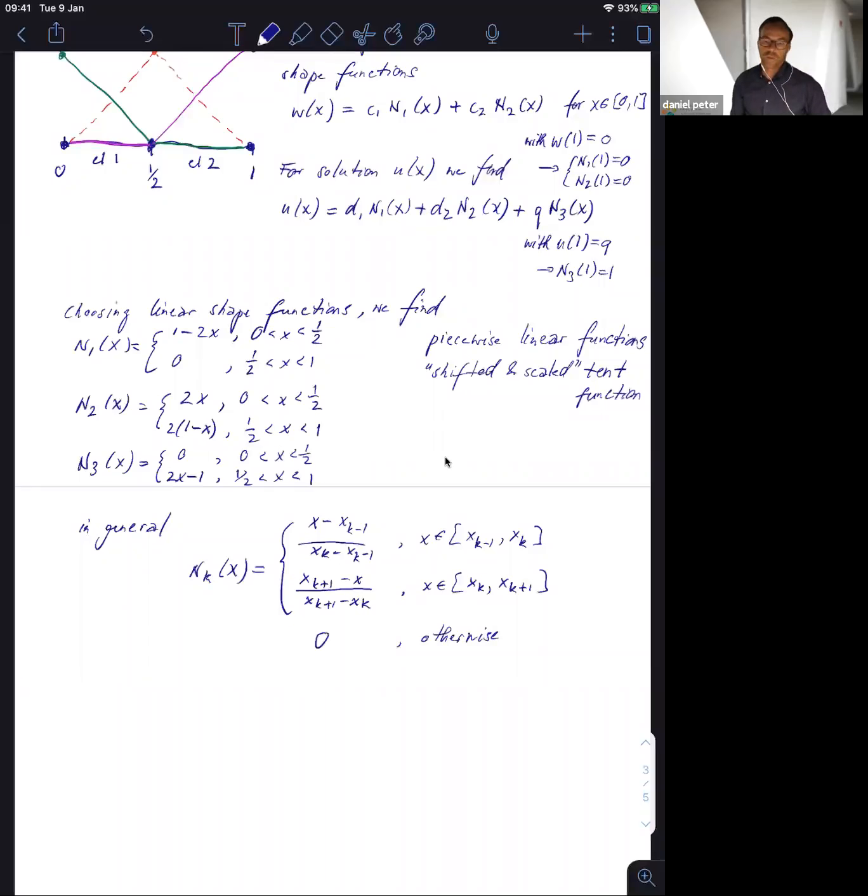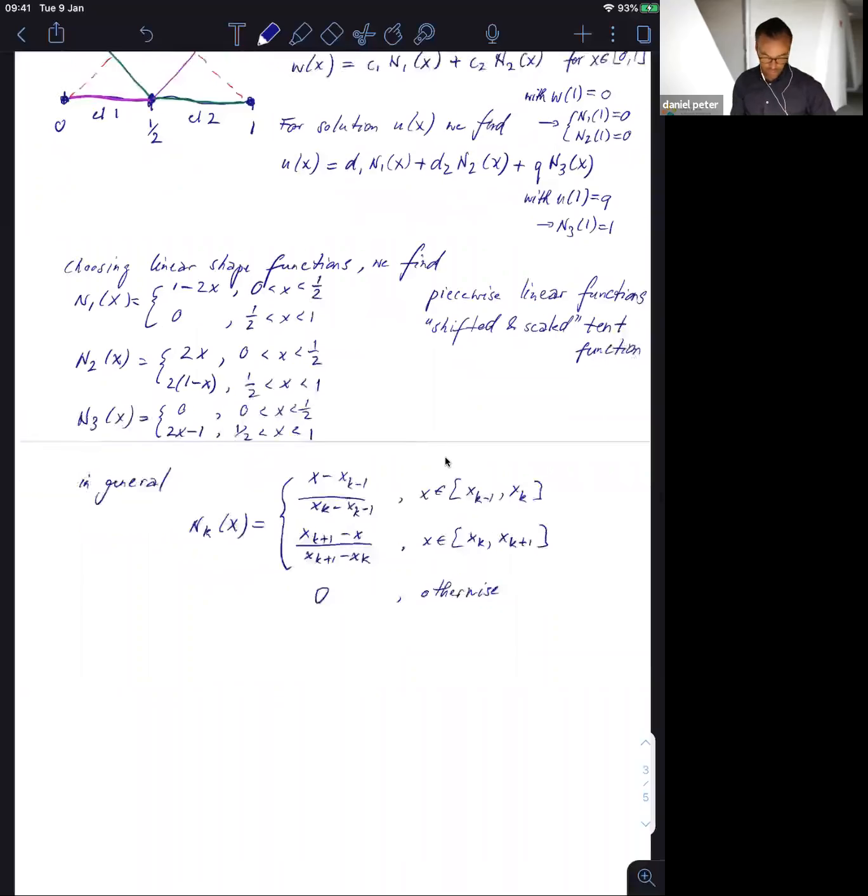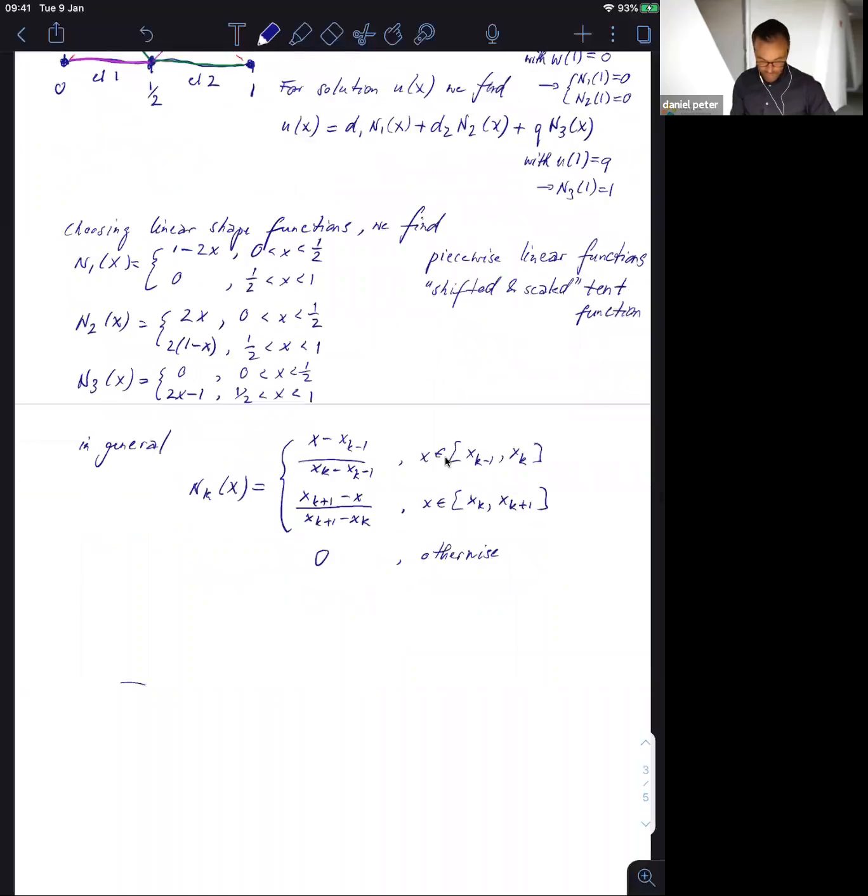So this is just a more general way of writing down these piecewise tent functions, where we would have, let's say, xk here. Well, let's make nodal points.